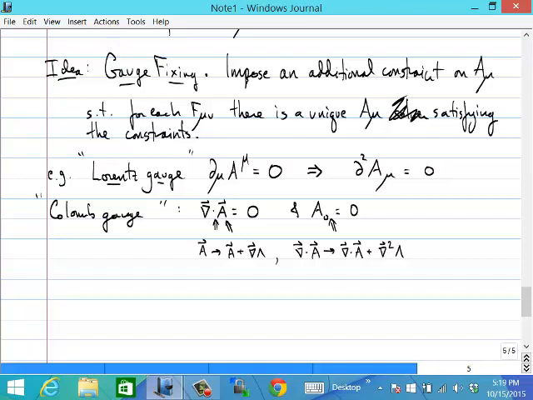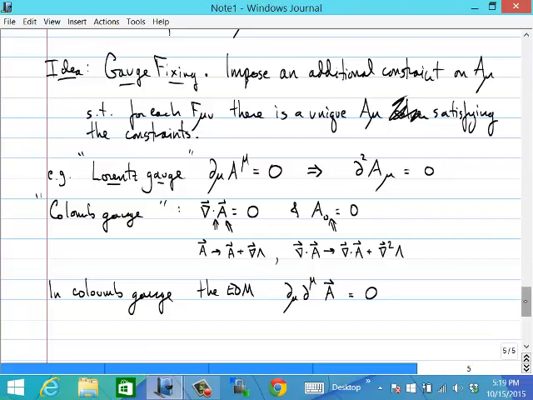The reason I think this gauge is useful is that in this gauge, we can ask what the polarization vectors are. First of all, what are the equations of motion? The equation of motion just says that d mu of A mu is equal to 0. Why is that?